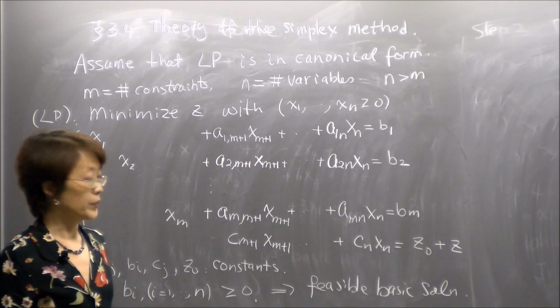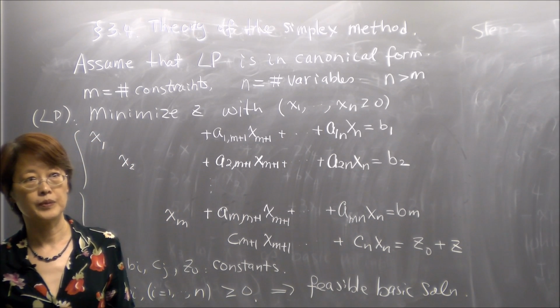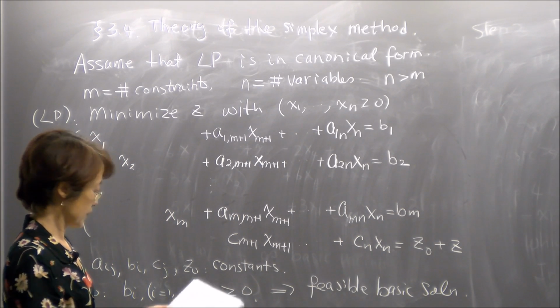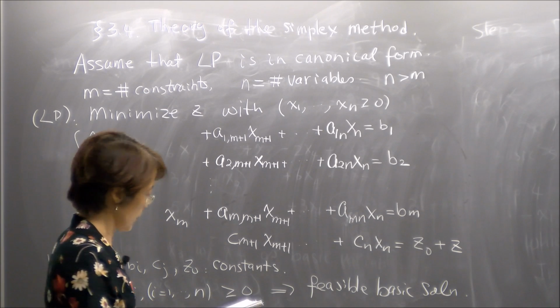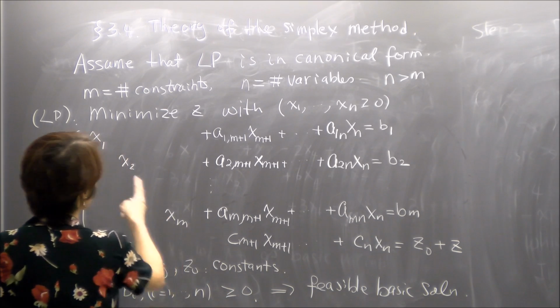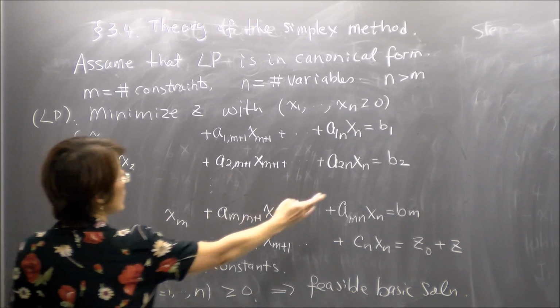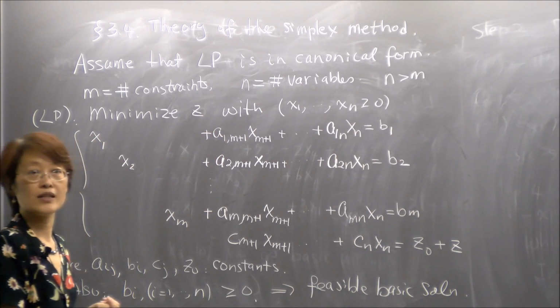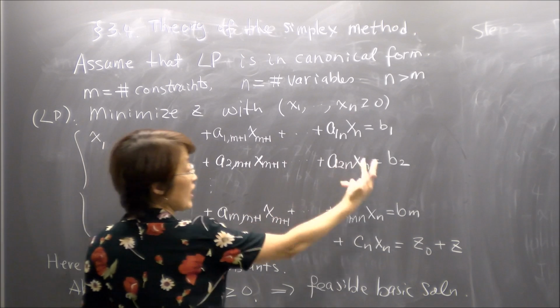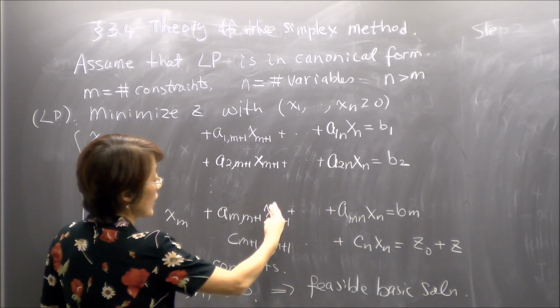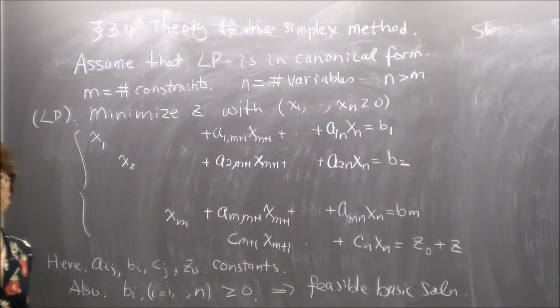So what will the basic solution be? Well, x1, x2 will equal just these b values, right? So x_i will equal b_i for i less than or equal to m, and all the other x's will be 0. Is that right?